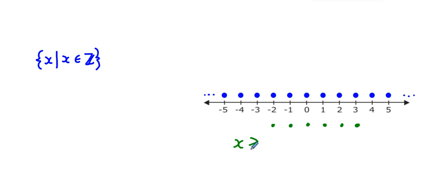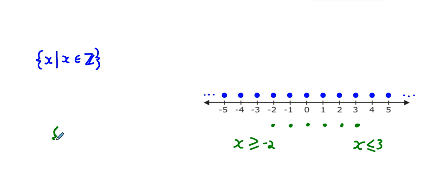And in fact, it always has to be greater than or equal to -2, right? Because it's allowed to be -2. And at the other end, I know that x always has to be less than or equal to 3. So we can incorporate these two restrictions into the description of this set using set builder notation.